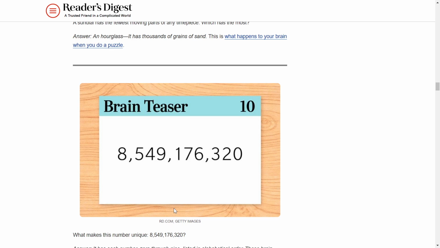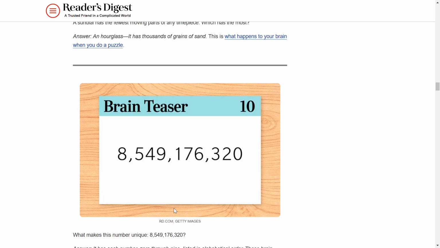Anything else that makes it unique? If we look at its single compartments and the sum of those, we start off with 8, then 5, 4, 9, which if we add up to a sum, would be 18. Then 1, 7, 6, 176, we would add that up to 14. Yeah. 18, 14, and 5.